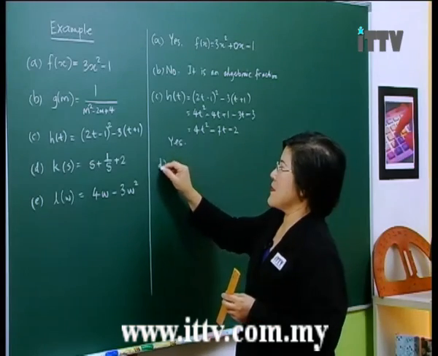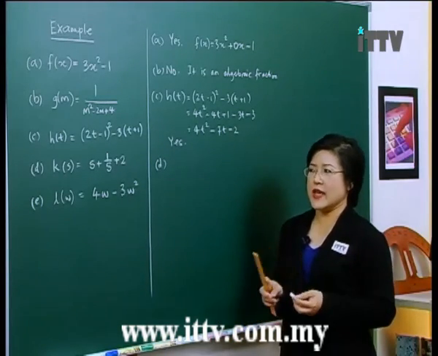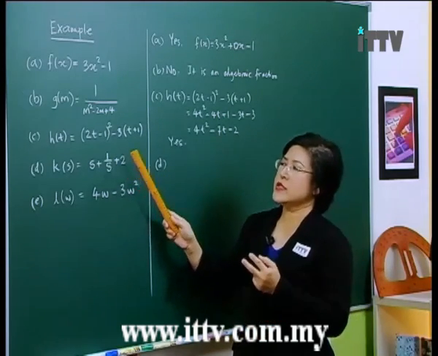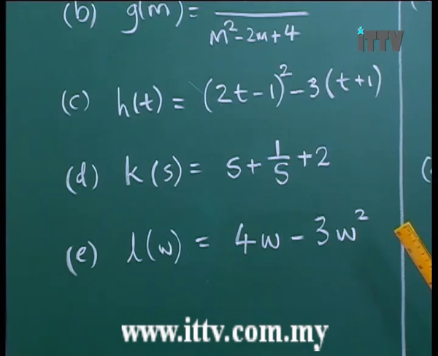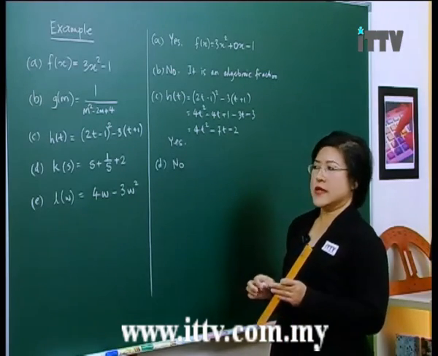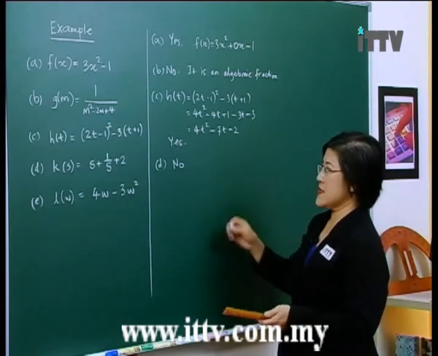Part D. In k(s), it contains, firstly, no variable with the power of 2, and additionally, the term 1 over s means that the power for s in that term is negative. So, because of these two reasons, k(s) is not a quadratic function.